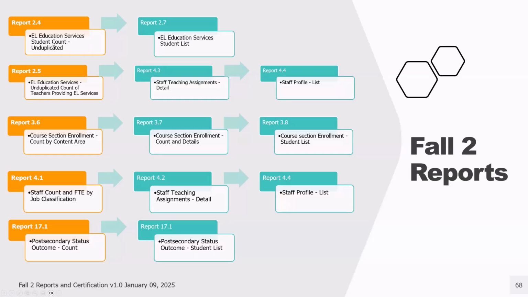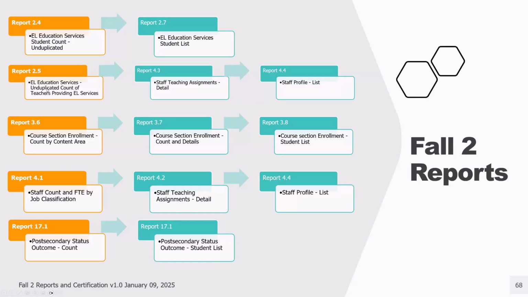If they want to reconcile the counts in 2.4, they have to reference 2.7 and probably 4.3, right? Because 2.4 will show them the students that are counted as receiving services. And then they're going to confirm those counts by looking at 4.3, looking at the course and making sure that the authorized staff with credentials are providing those services.